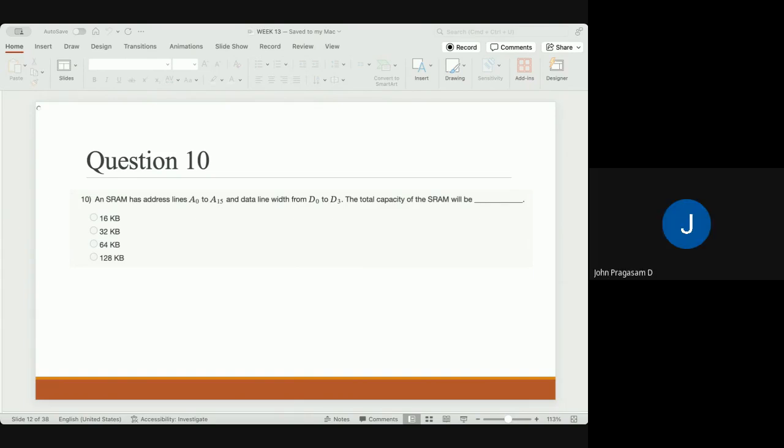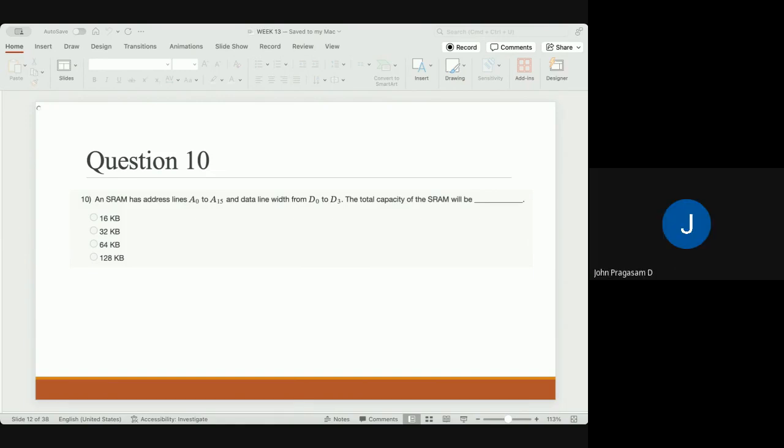I just mentioned that address lines in 2 power. So 2 power 16 into how many data lines? So 2 power 16 into 4. So is it correct, ma'am? Yes.